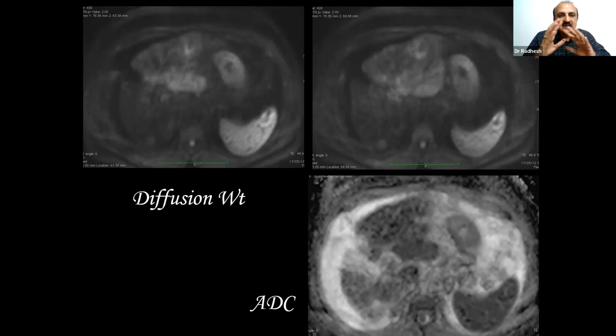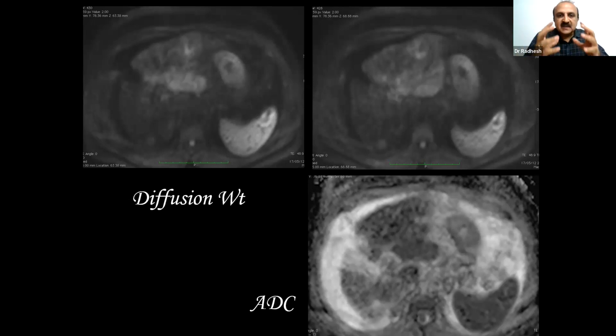Now why is there a restriction to the movement? Anyone? In a tumor, it could be fibrosis. It could be more tumor cells themselves. It could be a rapidly multiplying tumor where the cellularity is very high.